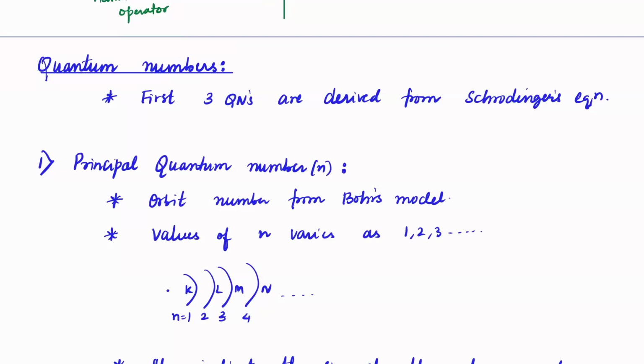So therefore, when we write n is equal to 1, n is equal to 2, n is equal to 3, we are in fact agreeing upon the Bohr's model's orbit distance. That is, electron might be present at this distance or this distance and so on. Or at least we are talking about that region. When I'm talking n is equal to 3, that means I'm talking about this region probably. Got it? So the n represents the value of the orbit number.